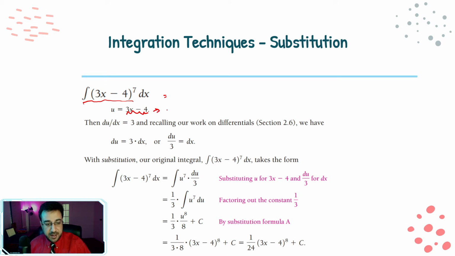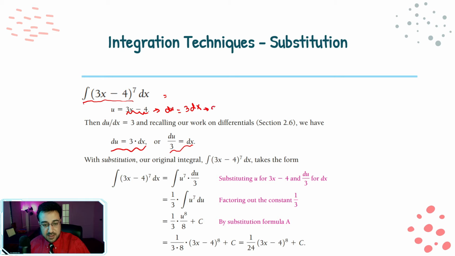Now it is a good practice to find the du. Du means the derivative of u, as you remember. Deriving the 3x, du would be 3 dx. So you derived this expression in terms of dx. So du equals 3 dx, as you can see here, and du over 3 would equal dx.